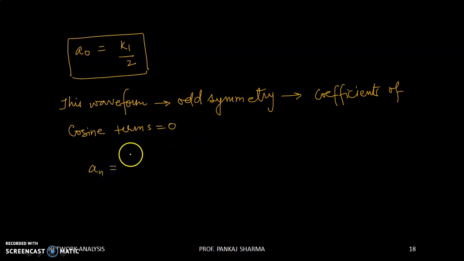An is equal to 2 by T integral from 0 to T Vt dt cos n omega t is equal to 0.